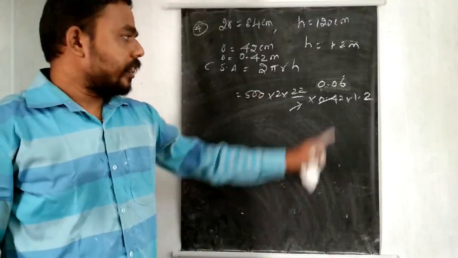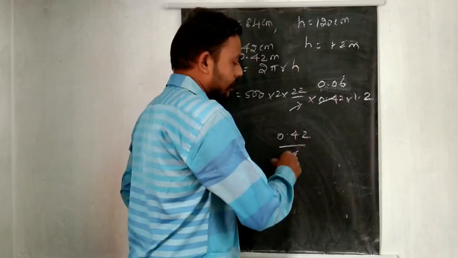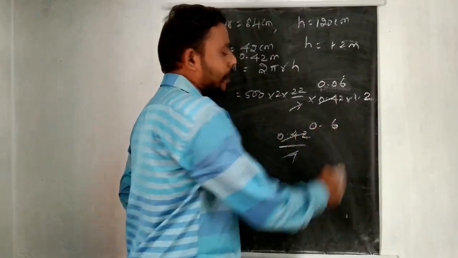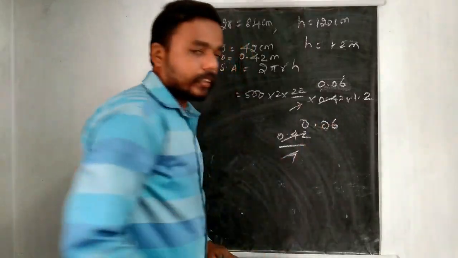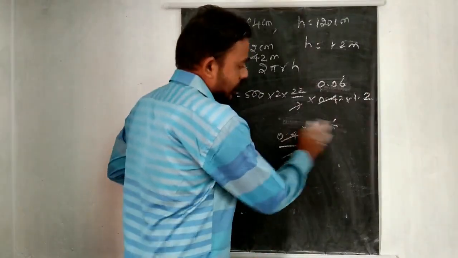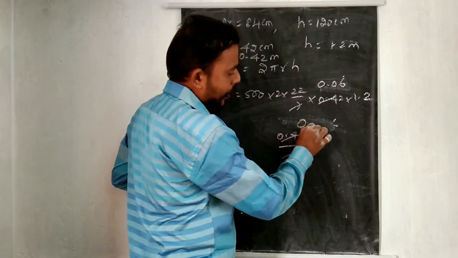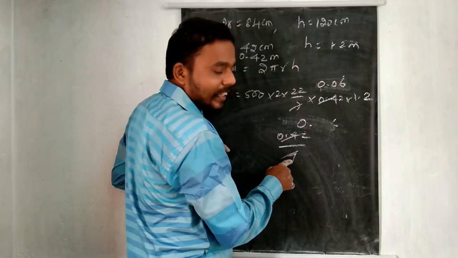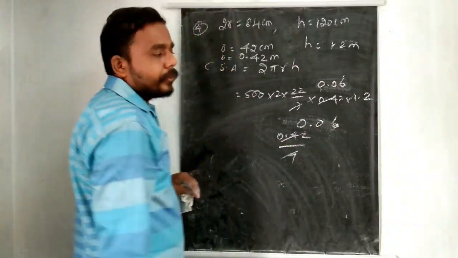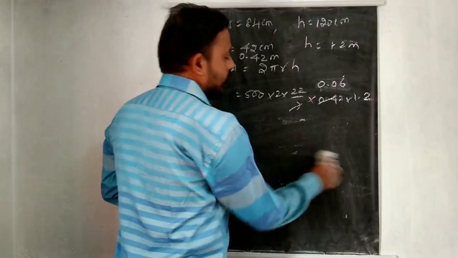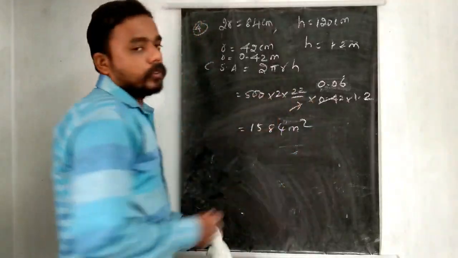Many of them make mistakes in this area. So 0.42 divided by 7, don't write directly 6 7s are 42, therefore 0.6. Here we have 2 decimals, therefore 0.06. Because for the first decimal, put here point, so 0 point. 4 is less than 7, put another 0, then 42. 42 is 6 7s are 42. So after this product we may write 1584 meters square. You can use any one.